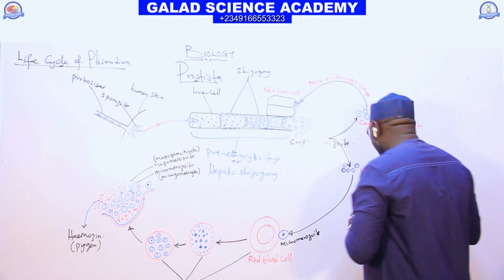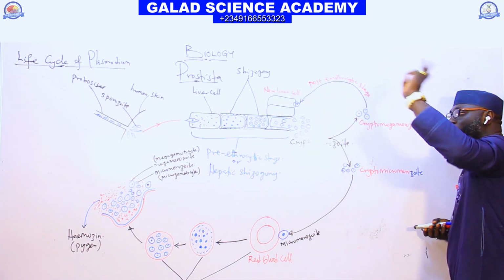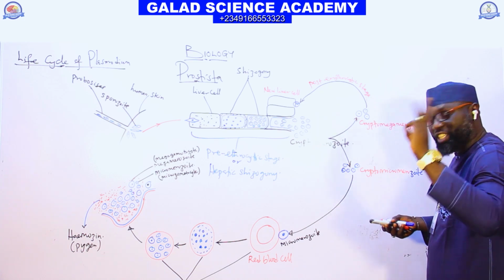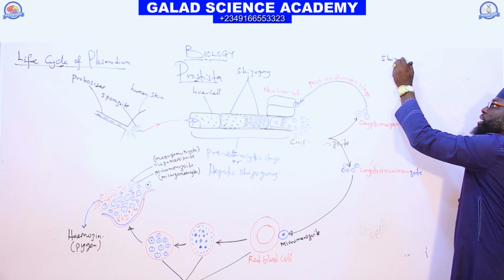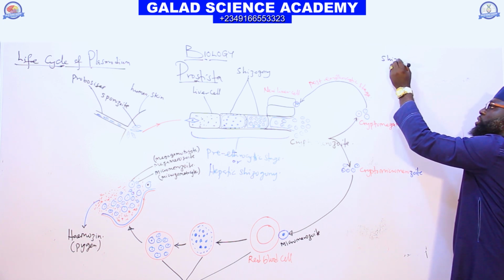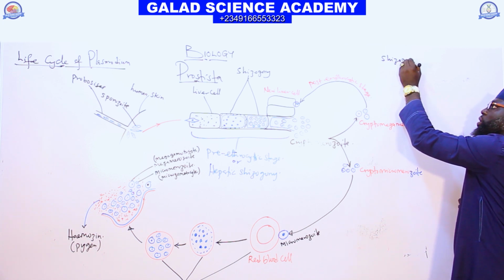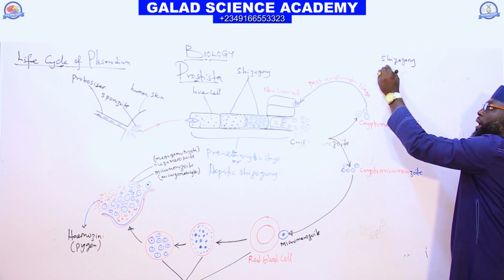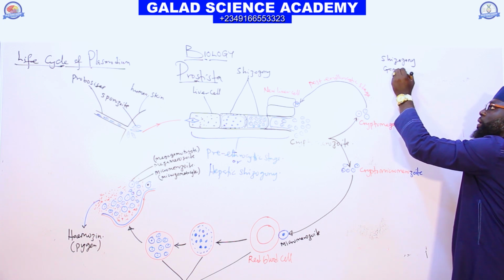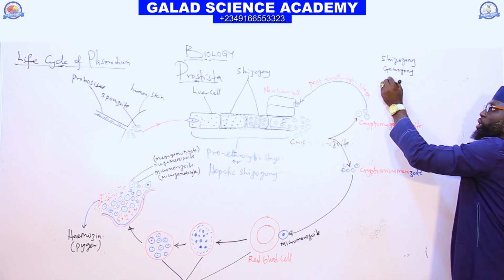If you remember, I said the life cycle of Plasmodium comprises three stages. The first one is zygogony, the second one is gamogony, the third one is sporogony.